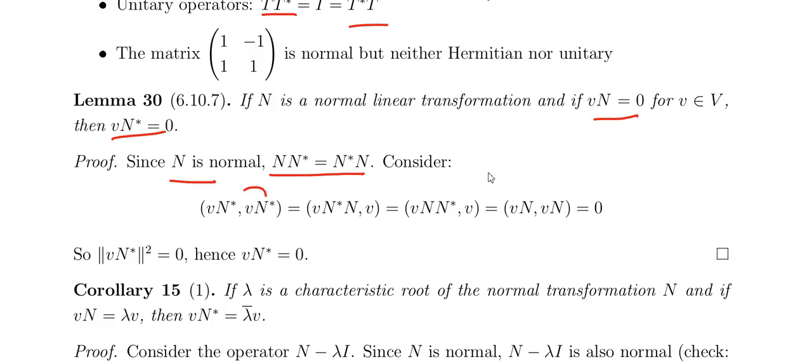Moving the N to this side, Vn star N equals V N N star, because of normality. Then the N star goes to the other side and we get Vn comma Vn. So Vn star comma Vn star equal to Vn comma Vn, which is given that Vn equal to 0, so this is equal to 0. So from this, using the inner product concept, the norm of Vn star equal to 0, that is Vn star equal to 0.